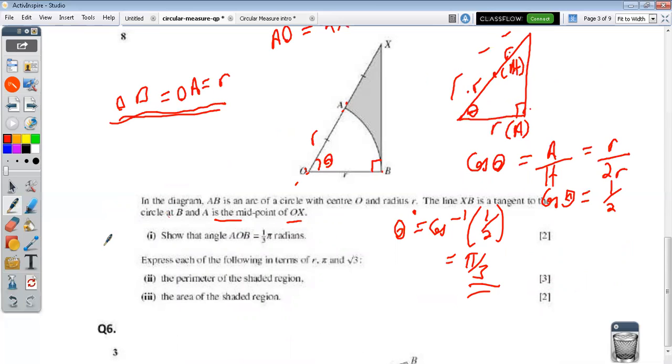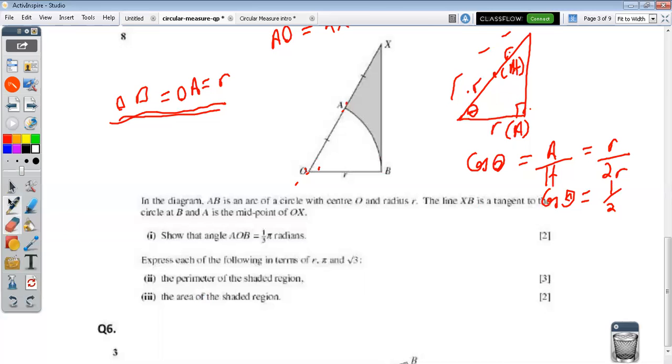Now, express the perimeter. So we now know theta. The next part of the question is to express each of the following in terms of r, theta, and root 3. So they're saying the perimeter of the shaded region.